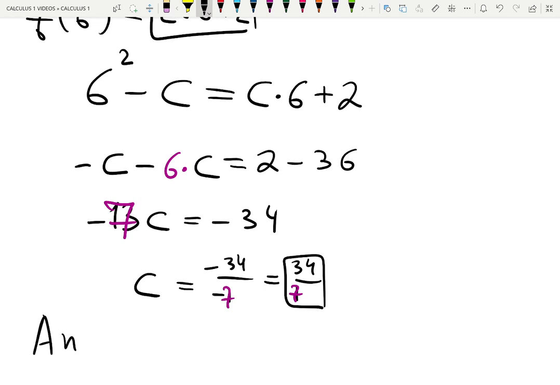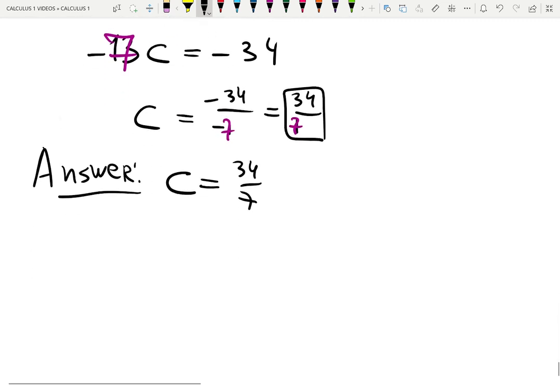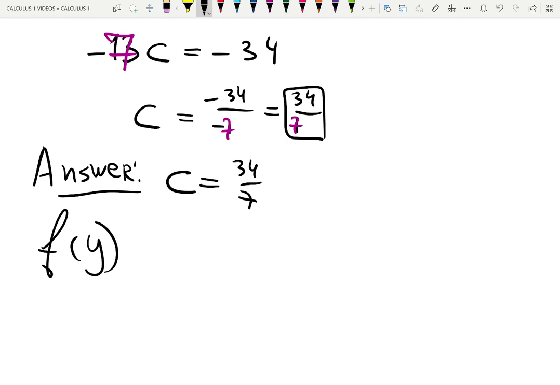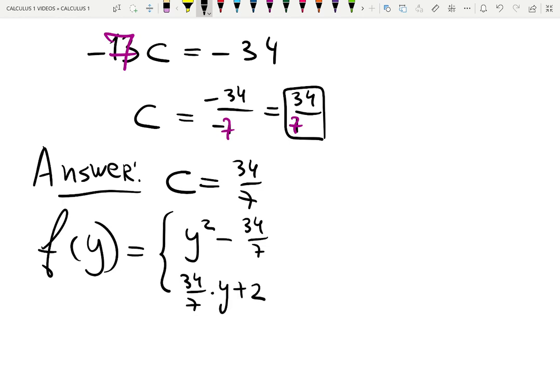Answer. Well, if we just ask you to find c, you did it. Good job. 34 over 7. But also we now can write down how the function will look like. f of y will look like so. It's going to be y squared minus 34 over 7, and 34 over 7 times y plus 2.